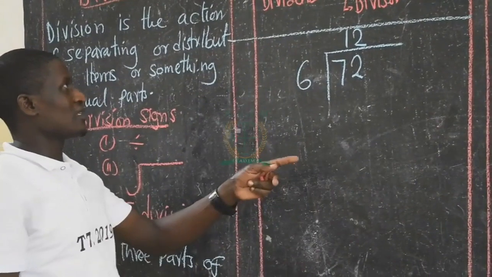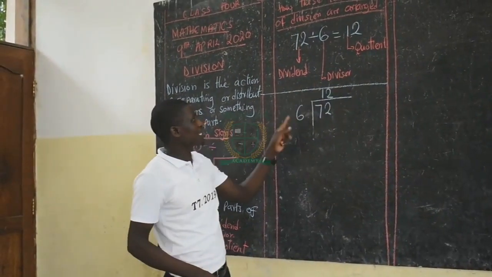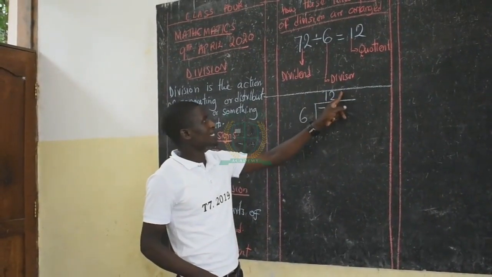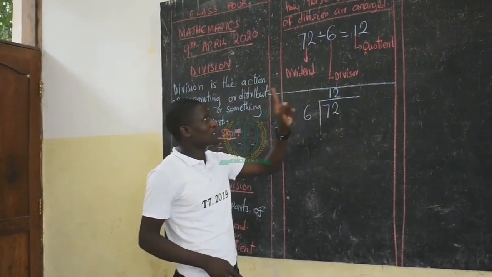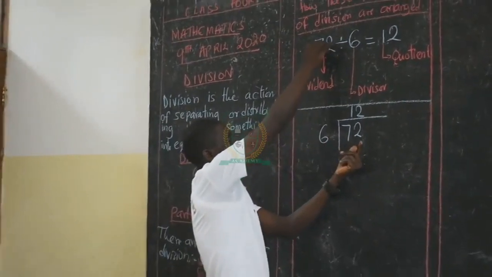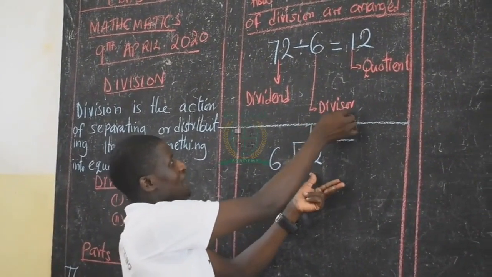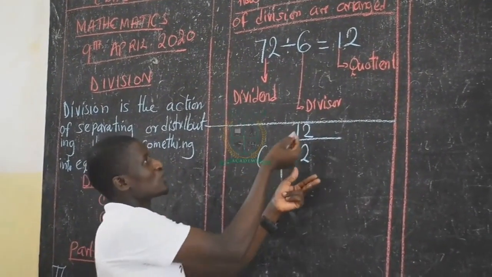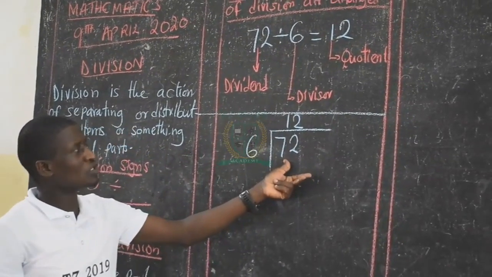So you find that the dividend comes inside, the divisor comes outside, then the quotient becomes on top of 72. I'm repeating that. The dividend, which you find in the short way here, becomes inside. Then the divisor becomes outside. Then the quotient comes up. That is the arrangement in long form in division.